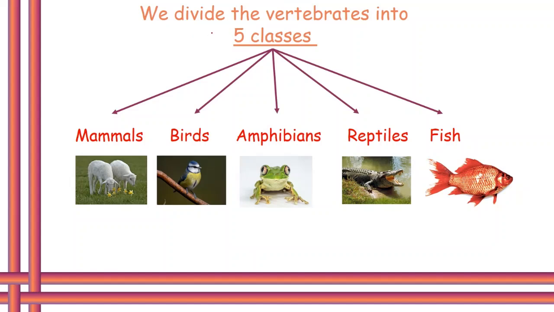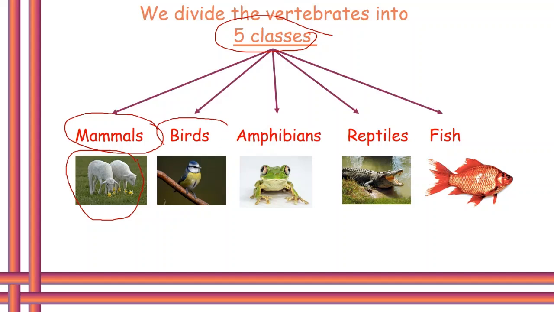So we will divide the vertebrates into 5 classes. Okay. The first class is mammals. Mammals is the class that contains sheep and horse, like we saw before. And the second class is the birds.